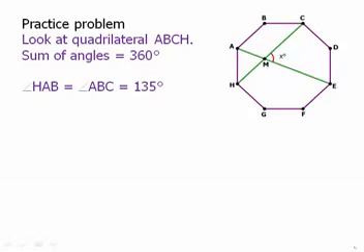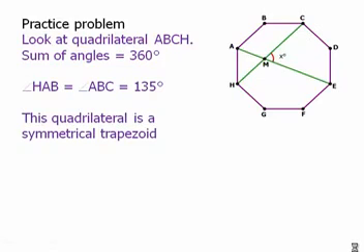And in fact, because it's a trapezoid, we know that the angle at H is just going to be the supplement of the angle at A. Well, the angle at A is 135 degrees, so the angle at H is the supplement of that, which is 45 degrees. And so we have found this angle right here, MHA, that angle is 45 degrees.